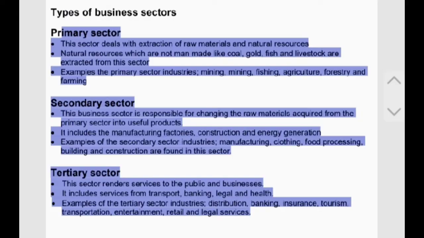Now we move to the last one, the tertiary sector. We have to know what happens in the tertiary sector. This sector renders services to the public and the businesses. Remember, in the secondary sector they build and produce something that must be used.